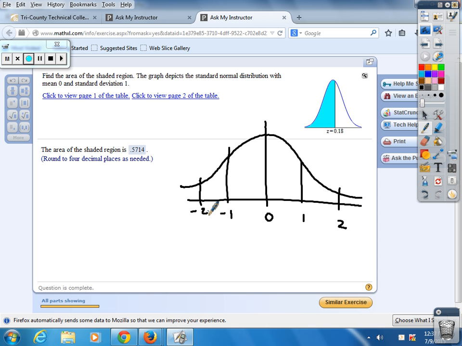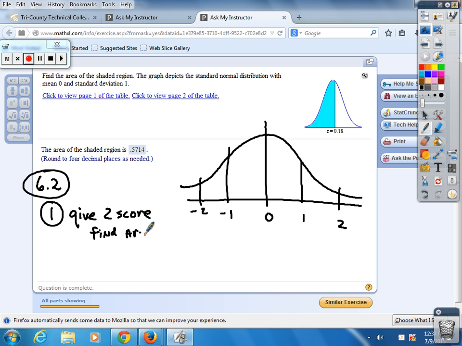So this one, and there's 2 types of questions in 6.2. One, they give you a z-score, and you find the what? The area or the probability. What's the second type? They give you the area, and you find the what?